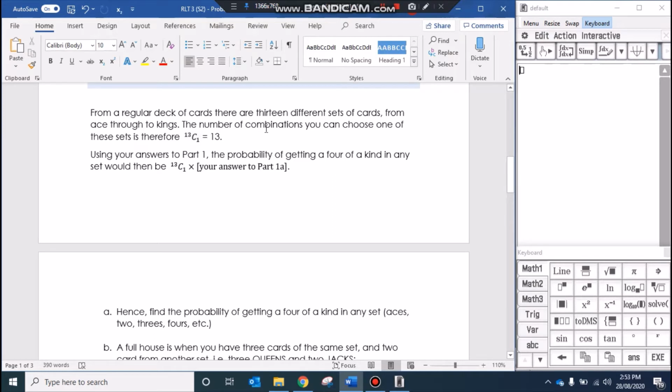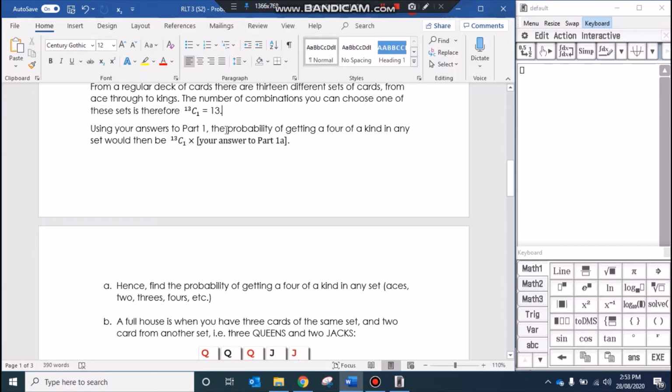The number of combinations when you're choosing one of these sets is therefore 13C1. If you had to choose one of these sets, you have 13 sets to choose from, and you're choosing one of them. So it's 13C1, 13 different ways you can choose one of these sets.